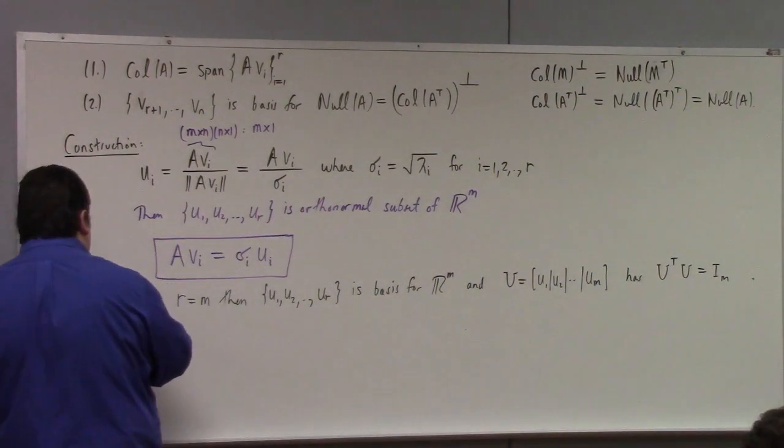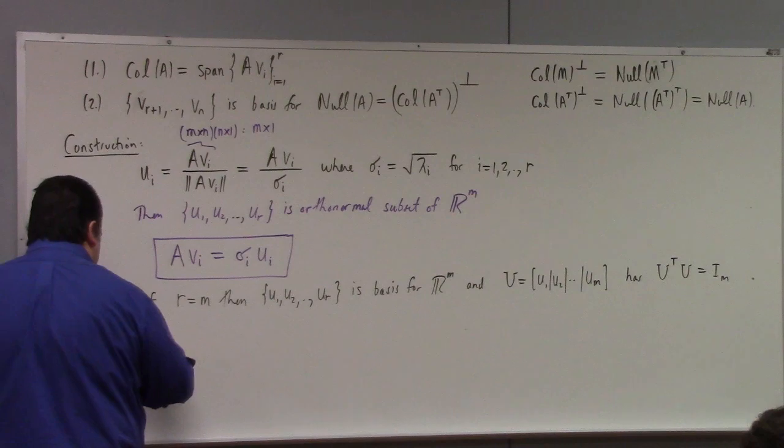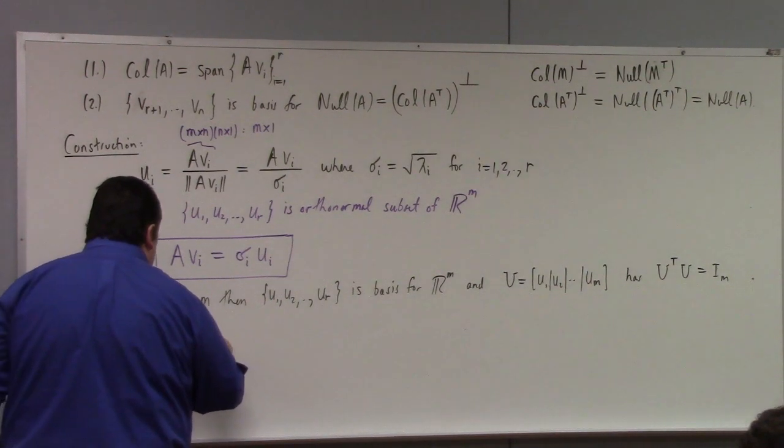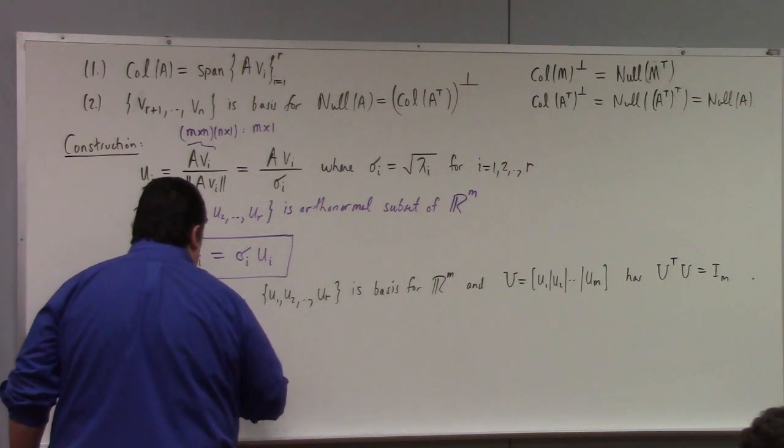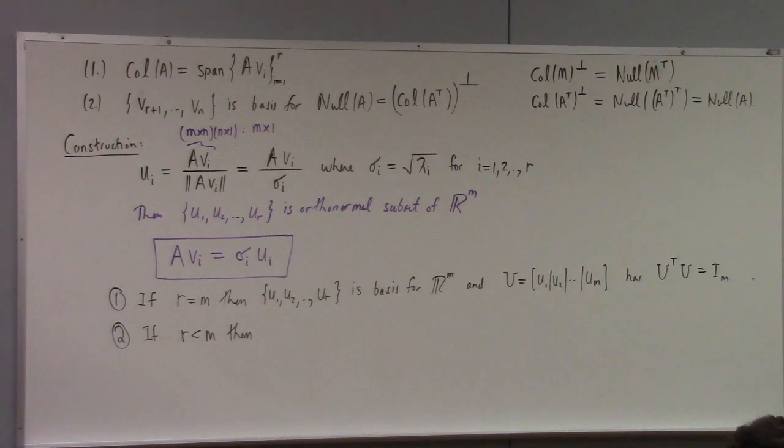What's the other possibility here? If r is less than m, then what can we do? And this decomposition is not unique. And the reason it's not unique, I think, pretty much rests on what I'm about to say. Because if r is less than m, we can extend this basis u1 through ur to a basis for R^m.